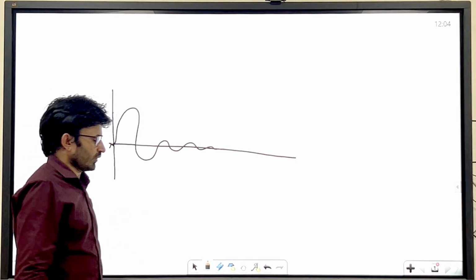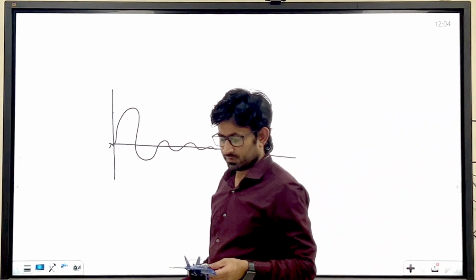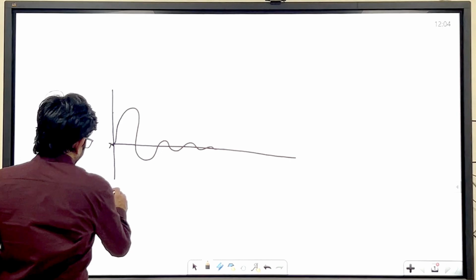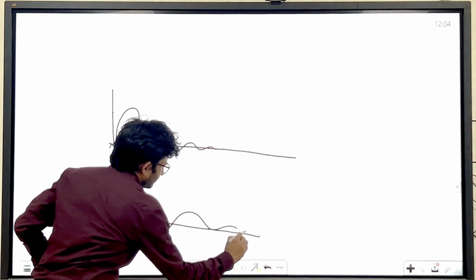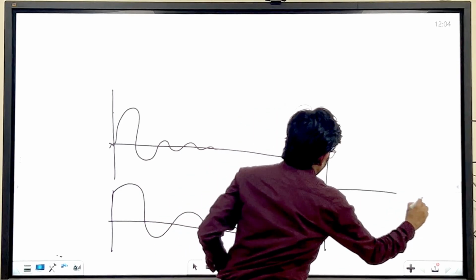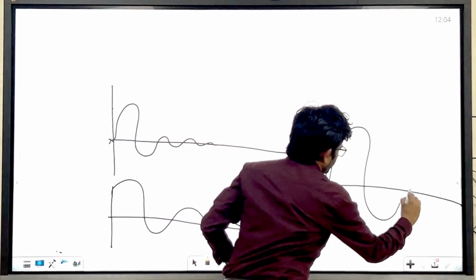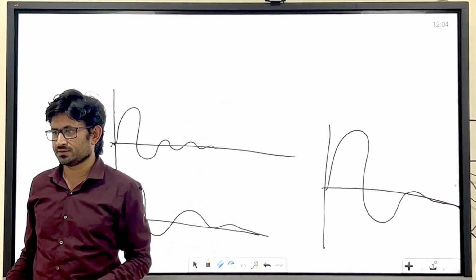For example, here we have an aircraft. So that graph can be this way. This graph can have a larger amplitude than that. So who decides this?